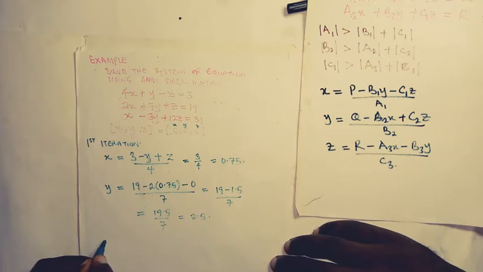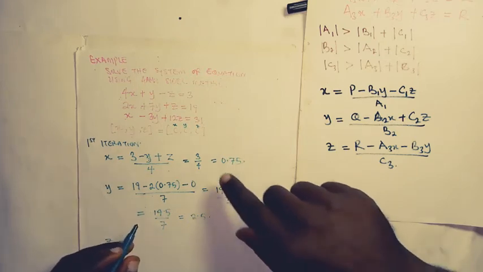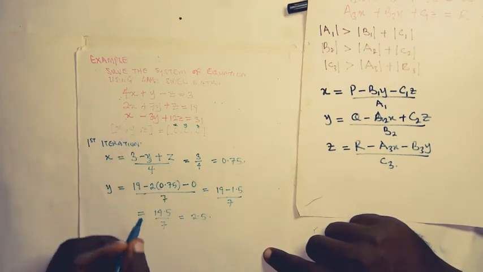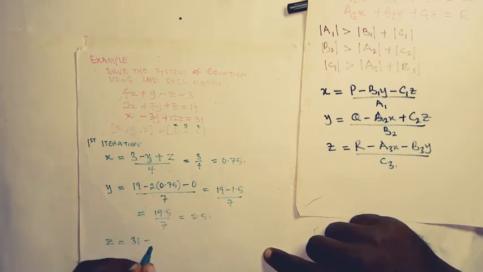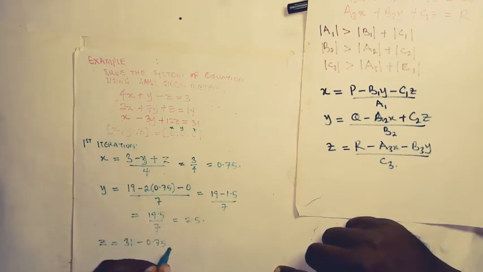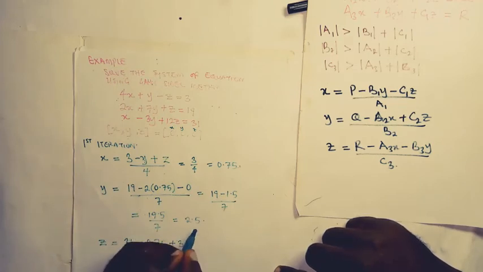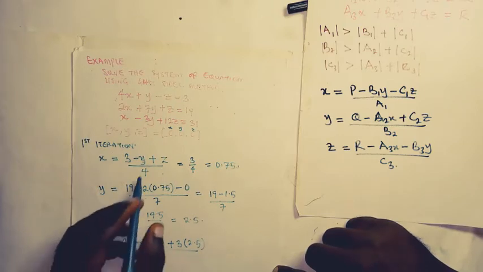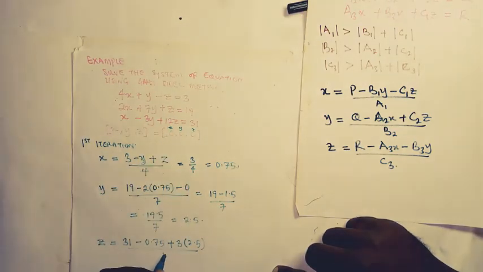Then we proceed straight to z, where for z we have 31 minus 0.75, which is the value for x, plus 3y, plus 3 into 2.5, divided by the coefficient of z here, which is 12.